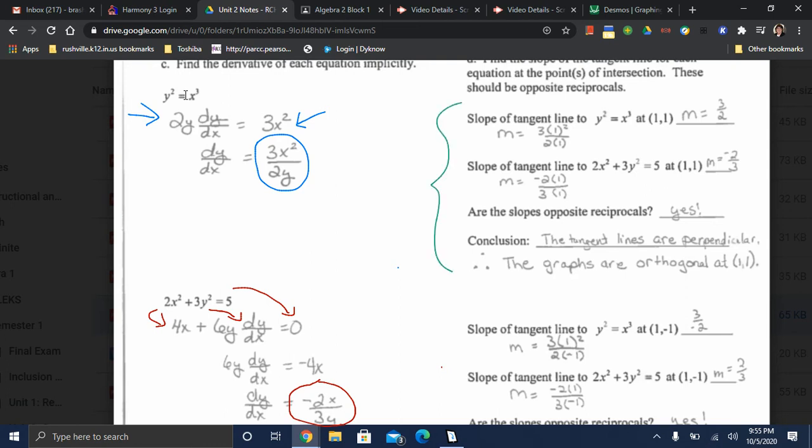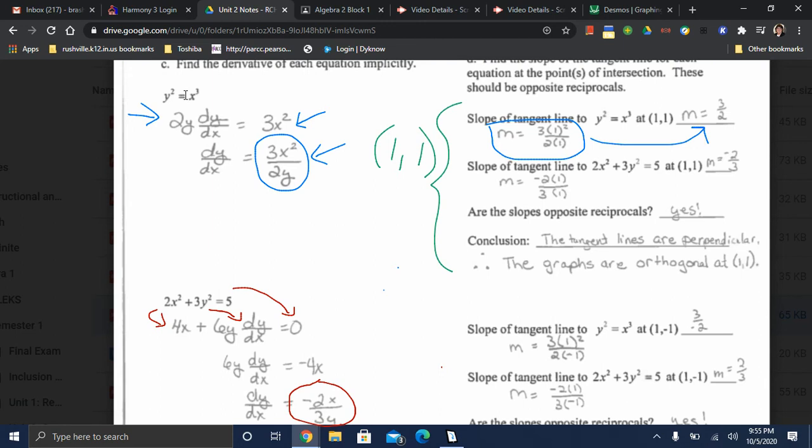If you think back to the Desmos graph, one of the points of intersection was at 1, 1. So if I substitute into my derivative, and I'm going to color code it for you, for my derivative that I found first, plugging in 1, 1, I would get a slope of 3/2.